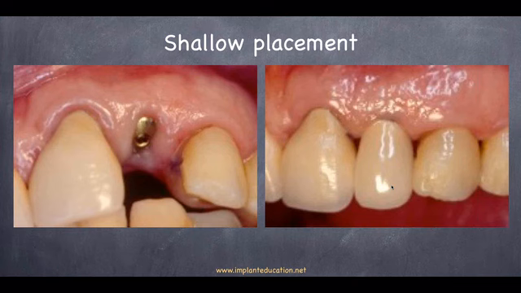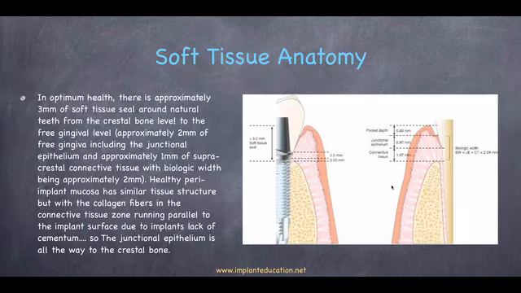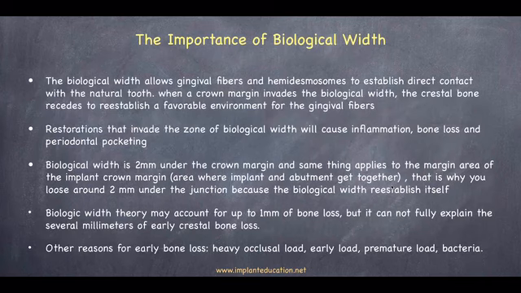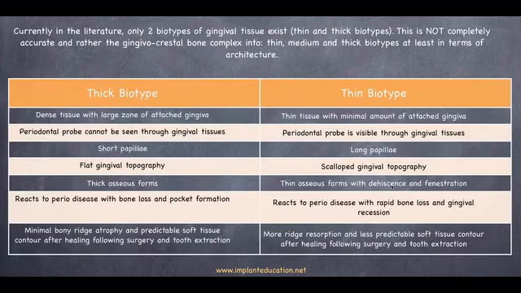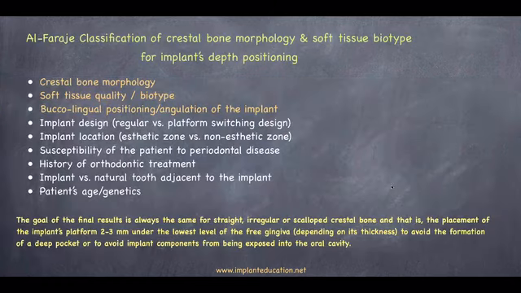So what is the ideal implant placement? There are too many factors that affect the decision on how deep the implant should be placed. I put together 9 factors that will affect that decision.